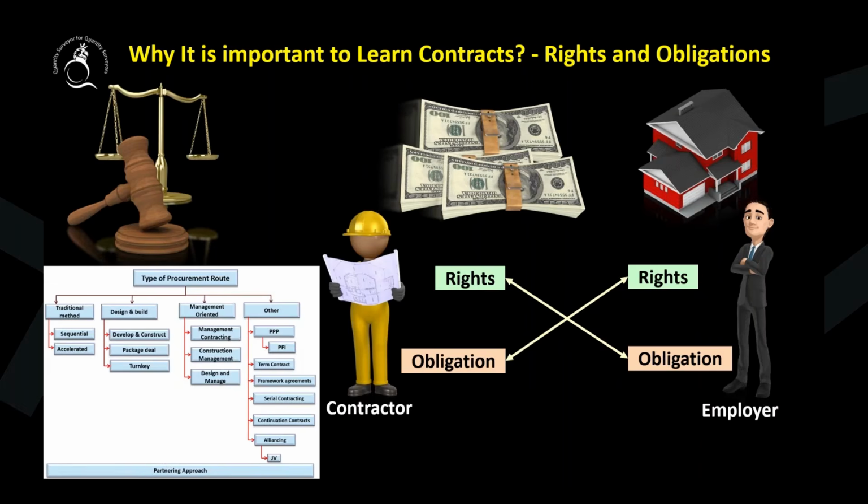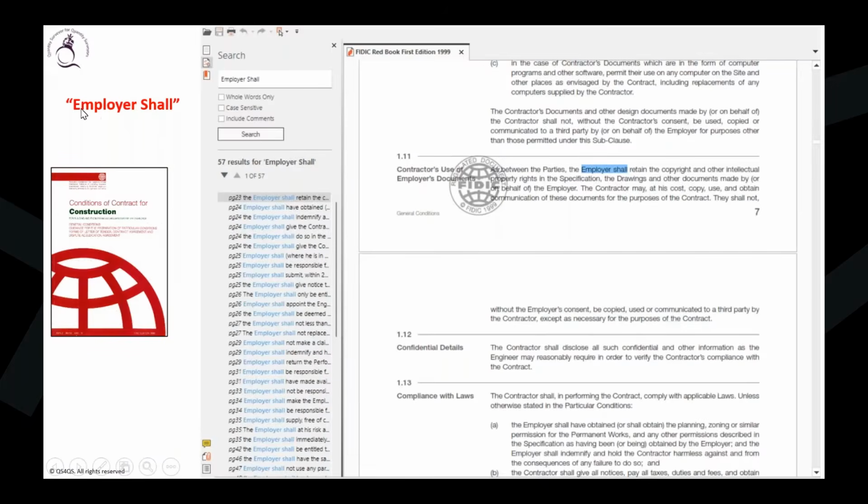Now let's go and see the FIDIC Red Book. Do you know what employer shall means? What is the meaning of employer shall? For example, employer shall retain the copyright. Is this an employer right or obligation? Look at this.